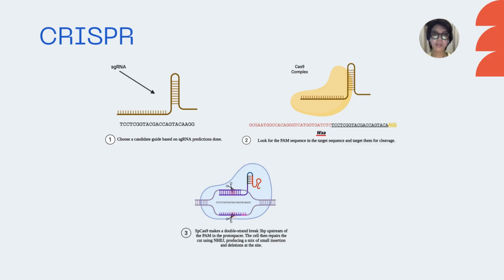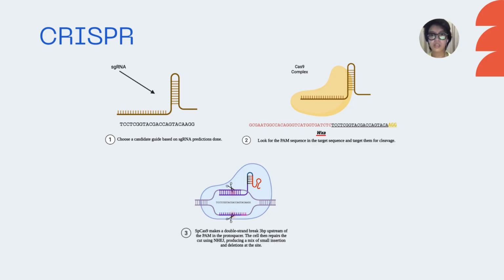After selecting the optimal sgRNA, we simulated the CRISPR-Cas9 cleavage mechanism in silico. The sgRNA Cas9 complex binds to its complementary genomic target adjacent to the PAM sequence, and Cas9 introduces a precise double-strand break, 3 base pairs upstream.